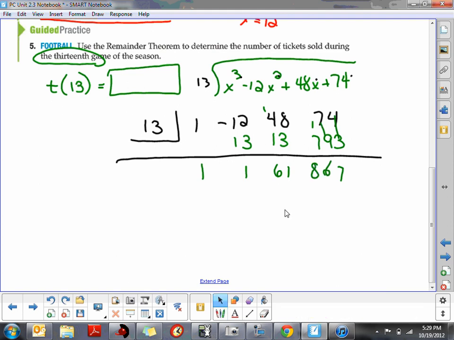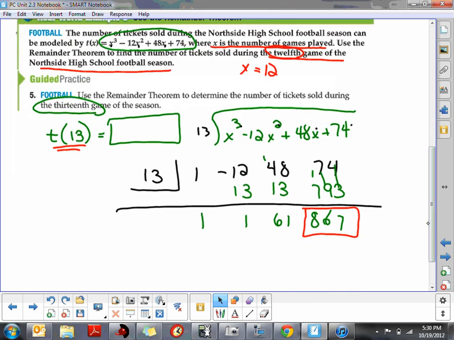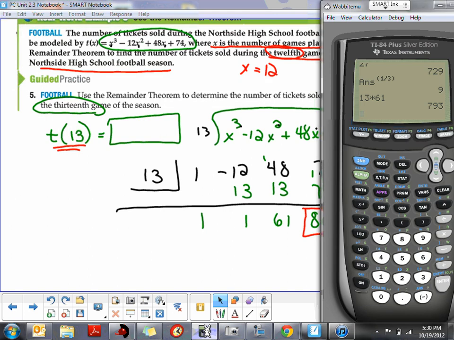Now what the remainder theorem says is, if we divide a function by its related zero, then the remainder should be the same thing as our function t at 13, which means we plug 13 back into the original equation. So everywhere you see an x, you replace it with 13, and we should get the exact same value.